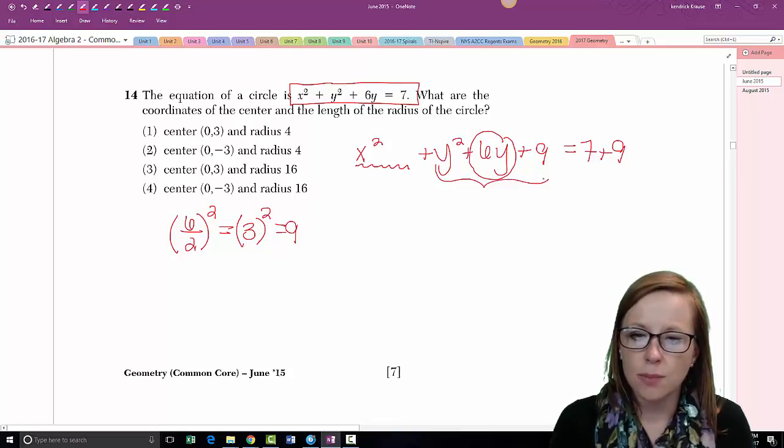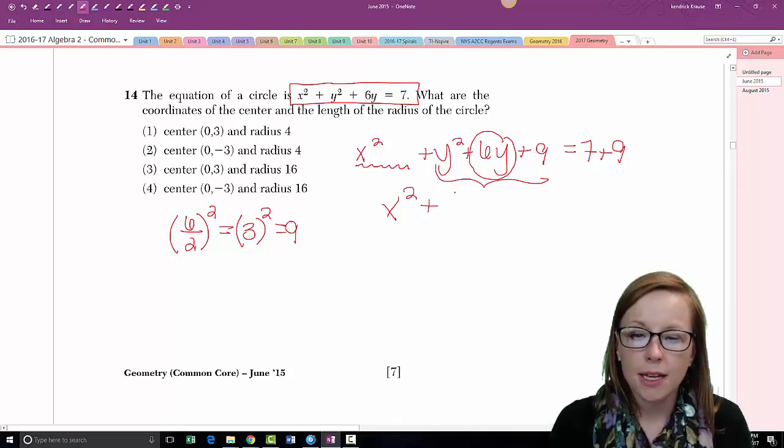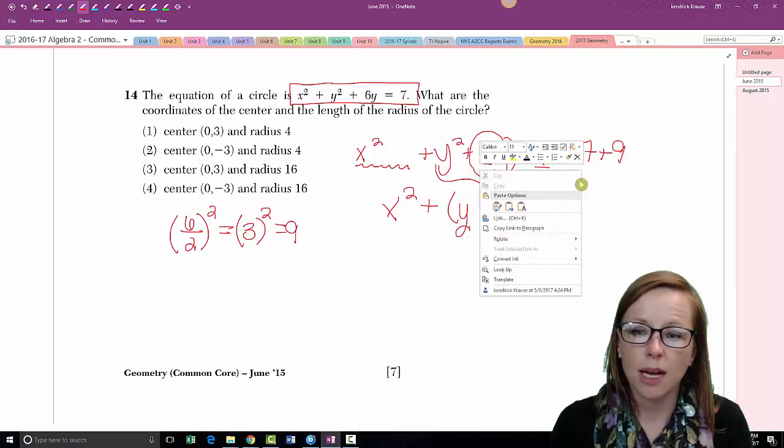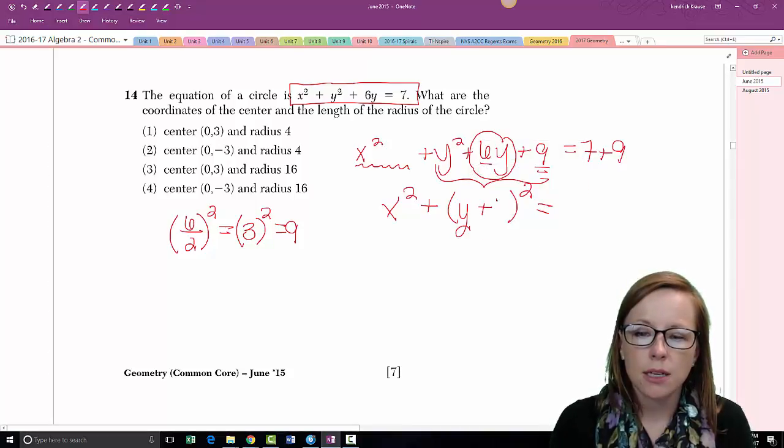Now I need to factor this part. I've got the x squared from here, but then this should be a perfect square binomial. So y, and then what 2 numbers multiply to be 9 and sum to be 6? Well, positive 3 and positive 3. So y plus 3 squared. 7 and 9 make 16.